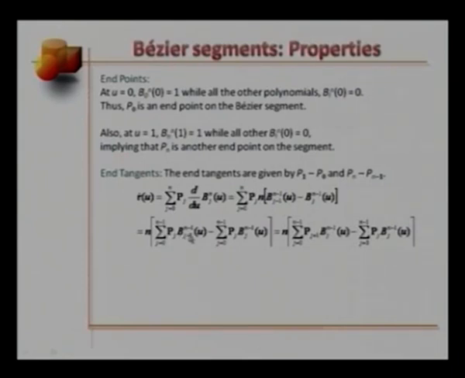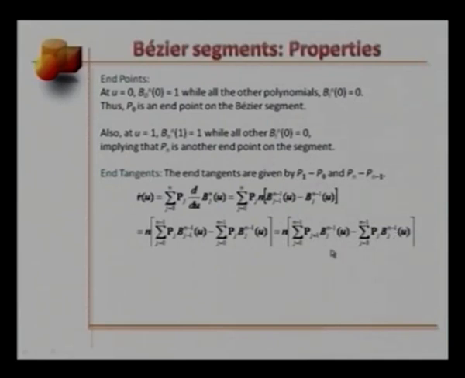b sub j minus 1, n minus 1, a function of u, minus summation j equals 0 to n minus 1 pj b sub j, n minus 1, again a function of u, and that is equal to n times summation j going from 0 to n minus 1 pj plus 1 b sub j, n minus 1, minus summation j going from 0 to n minus 1 pj b sub j super n minus 1.